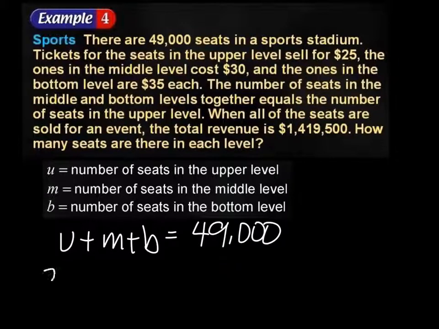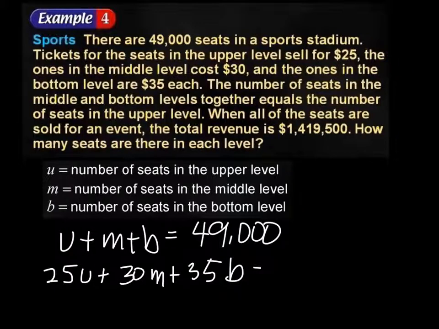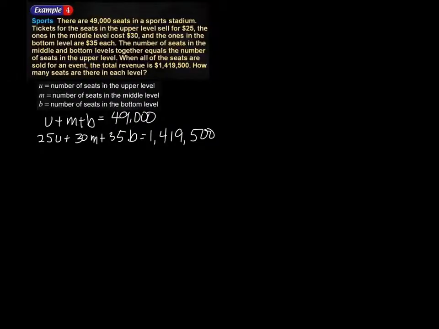So we've got 25 times the number of upper seats, plus 30 times the number of middle seats, plus 35 times the number of bottom seats is a total of, oh, this is going to be a fun number, 1,419,500. And then conveniently, they said the number of seats in the middle and bottom together equals the number of seats in the upper level.